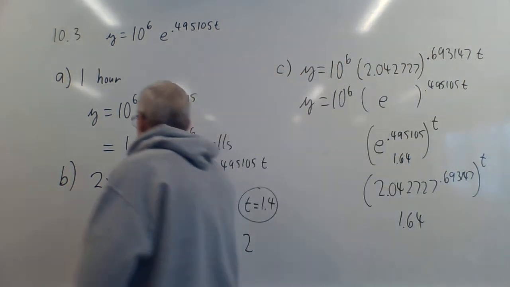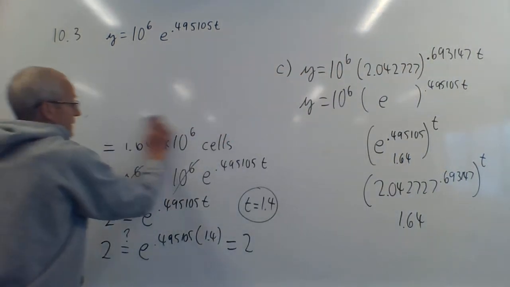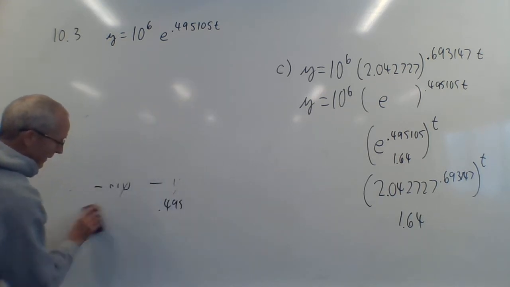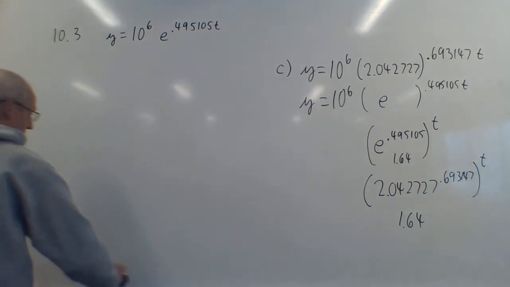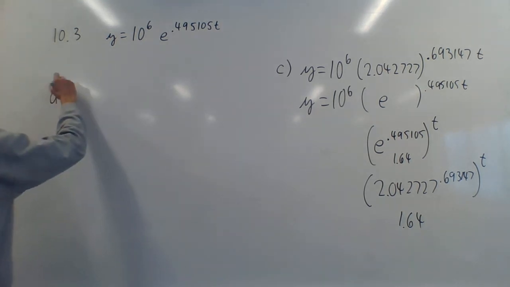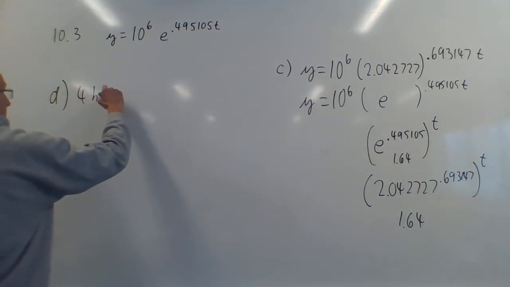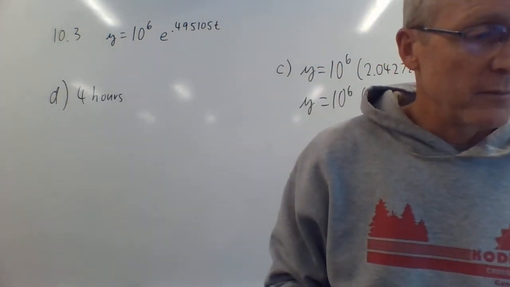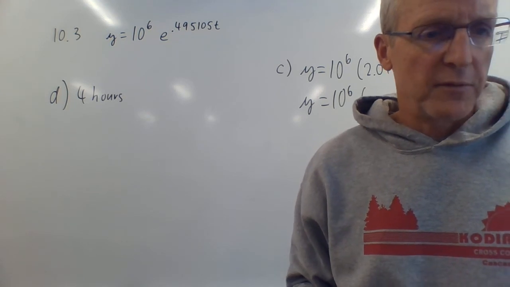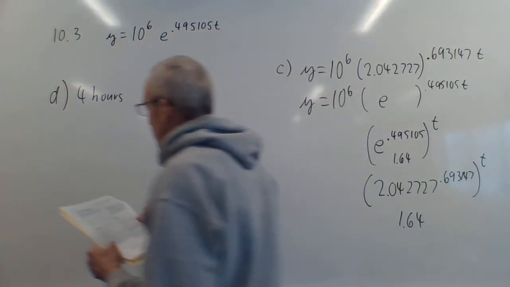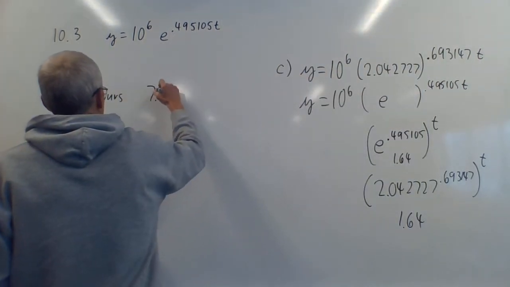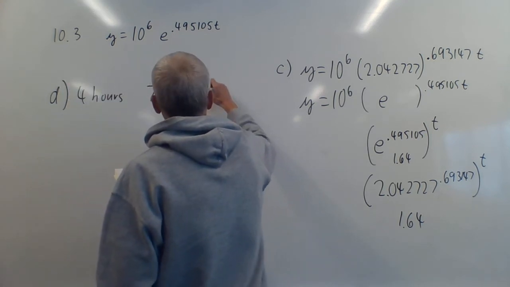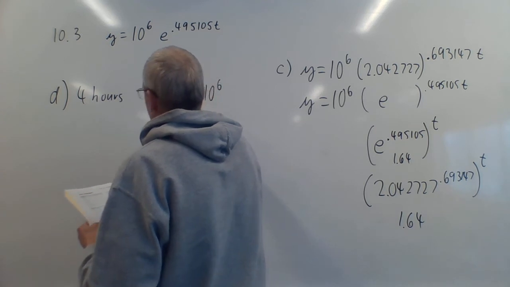I'm going to have to erase this. Okay. So part D, after 4 hours, we plug in t equals 4 here. She found, boy, that's a lot of counting, that there are 7.246 times 10 to the 6 cells, 7.246 million.